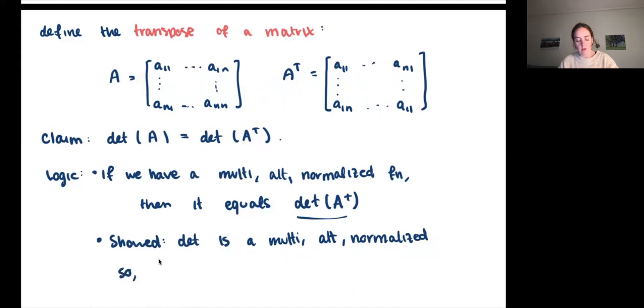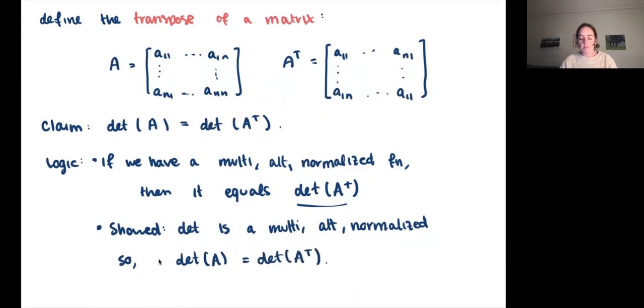So det of A is equal to det of A transpose. And furthermore, any function satisfying this is equal to this, so it is unique.